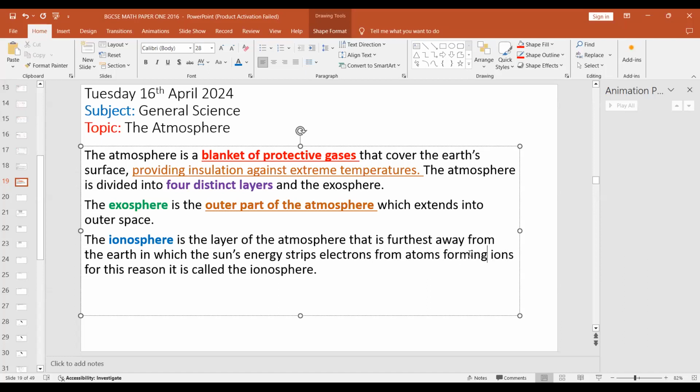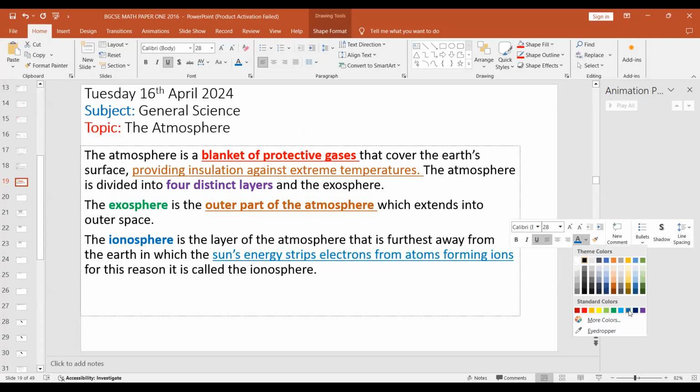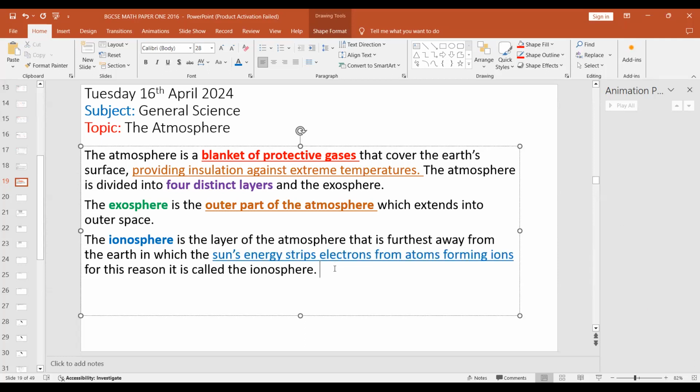So when you have the electrons taken away from the atoms, then you call it an ion. This is why we call it the ionosphere, because ions are formed in the ionosphere. Okay.